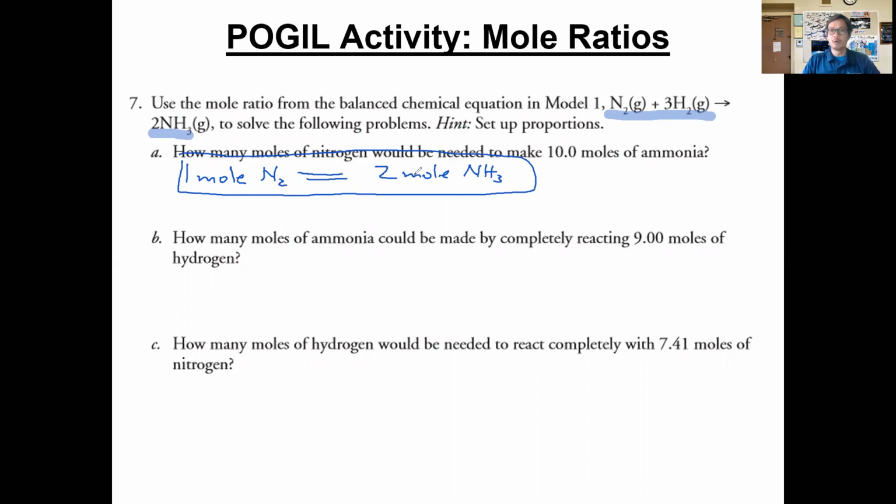We only produce 1 mole. If we start out with half as much nitrogen, we should produce half as much ammonia. Conversely, if we double the amount of nitrogen that we start out with, this amount should increase by a factor of 2. So we should end up with 4 moles of ammonia here.